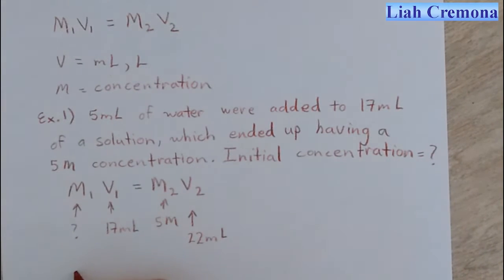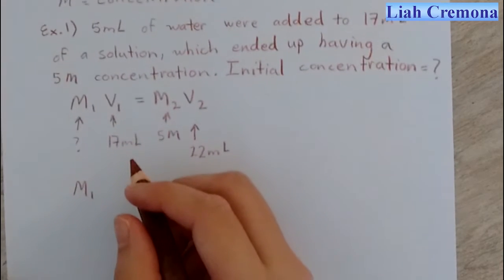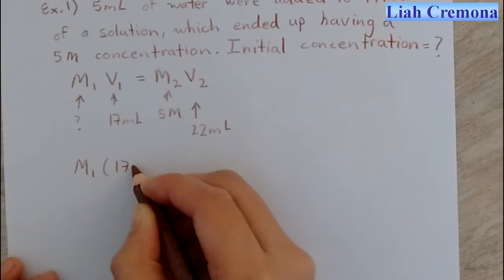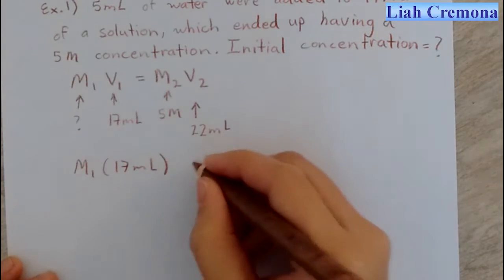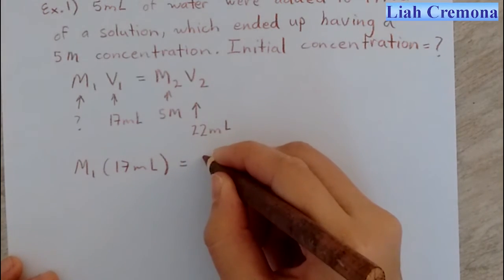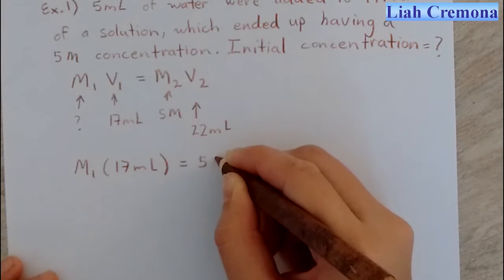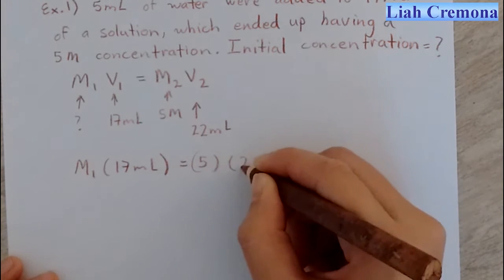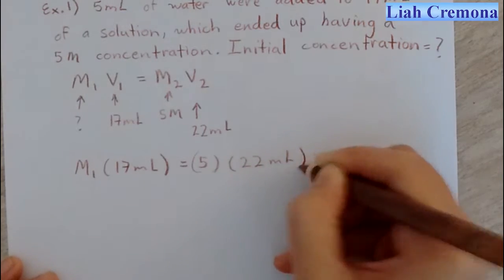So here we have the unknown initial concentration times 17 milliliters equal to the end concentration times 22 milliliters.